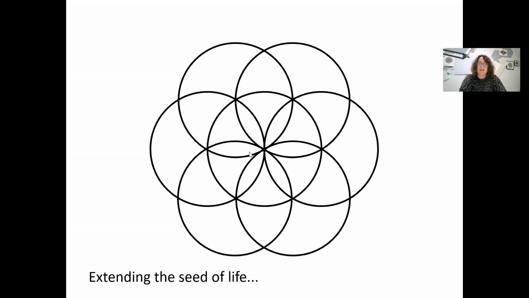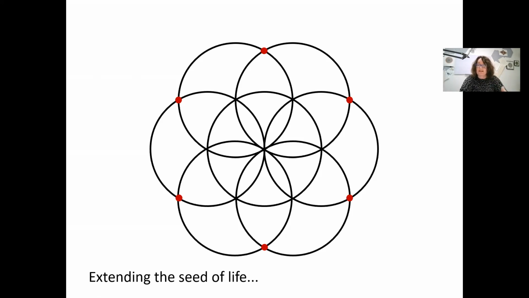Okay, so with each time we add a new circle or a new pair of circles, you can see that we get a set of new intersections around the outside of the pattern. So here we are. Those red dots are the set of new intersections, and at this stage we have 6.